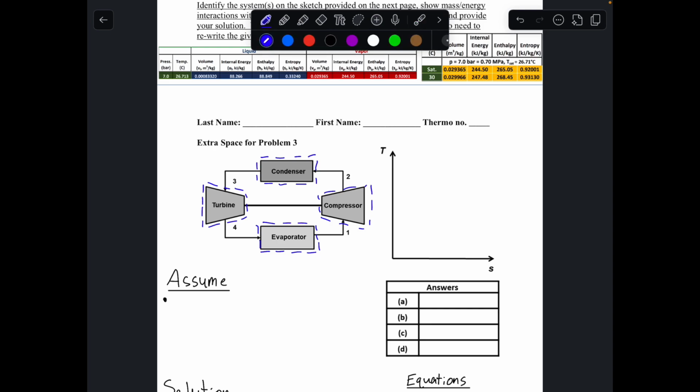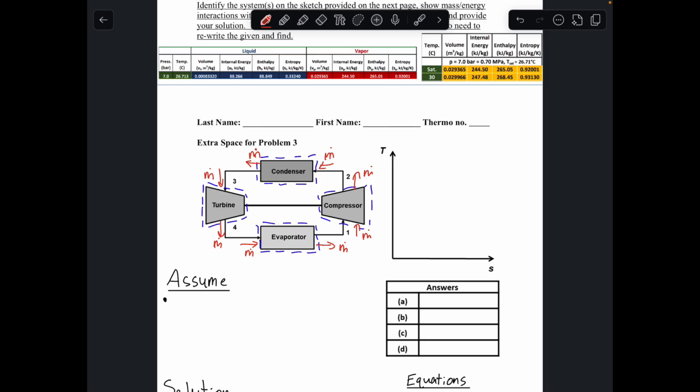So for mass interactions, remember we only have one mass flow rate, so that m dot is just going to be the same throughout the entire cycle. Each component is going to have the same mass flow rate going into it and coming out of it. So I'll just write that for all of the components to be thorough here, but that will be the same mass flow rate for all of them.